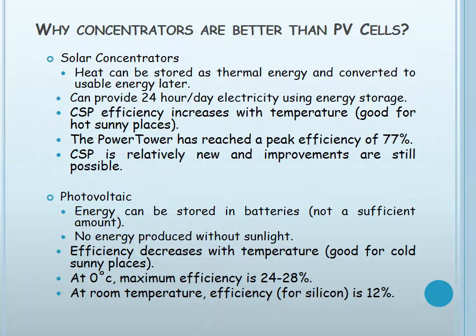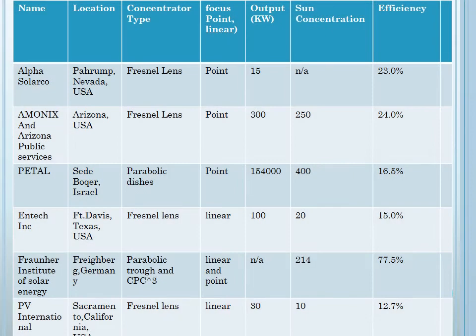So now here is a table which tells us about a few locations where some of the huge power plants are installed and the types of concentrators they use in those power plants. Some of them are in the US, like Arizona and Nevada, as we saw before, the image of a power plant in Nevada.